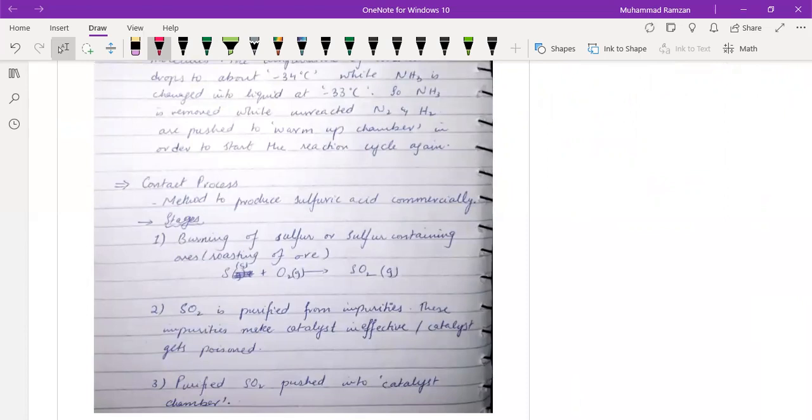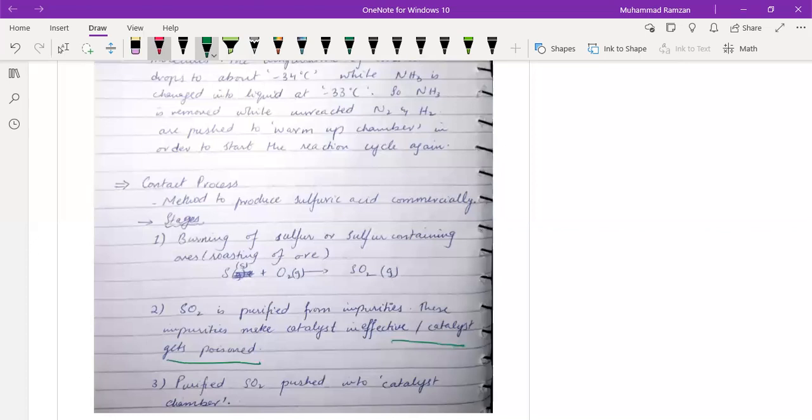What are the stages involved? Burning of sulfur or sulfur-containing ore, or you can say roasting of ore: sulfur plus O2 gives SO2. Second point, SO2 is purified from impurities. These impurities make the catalyst ineffective, or the catalyst gets poisoned. This is the word we use.